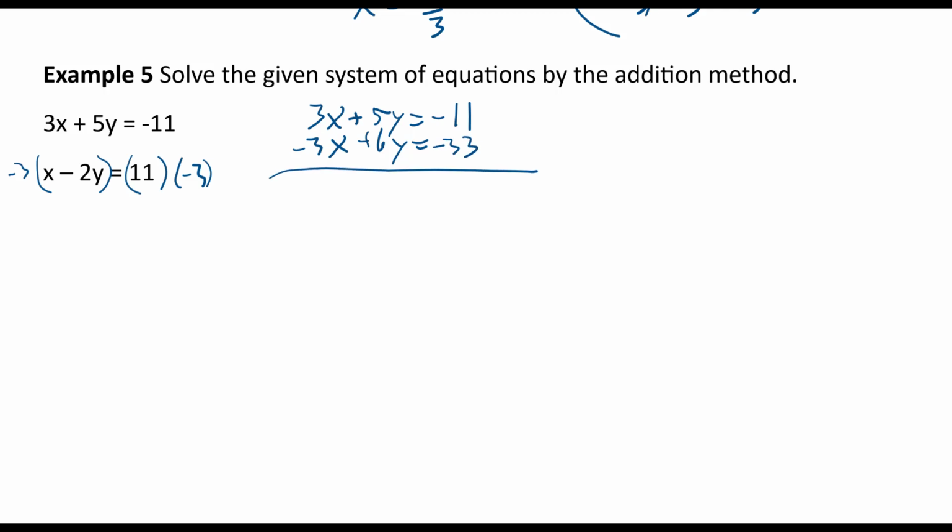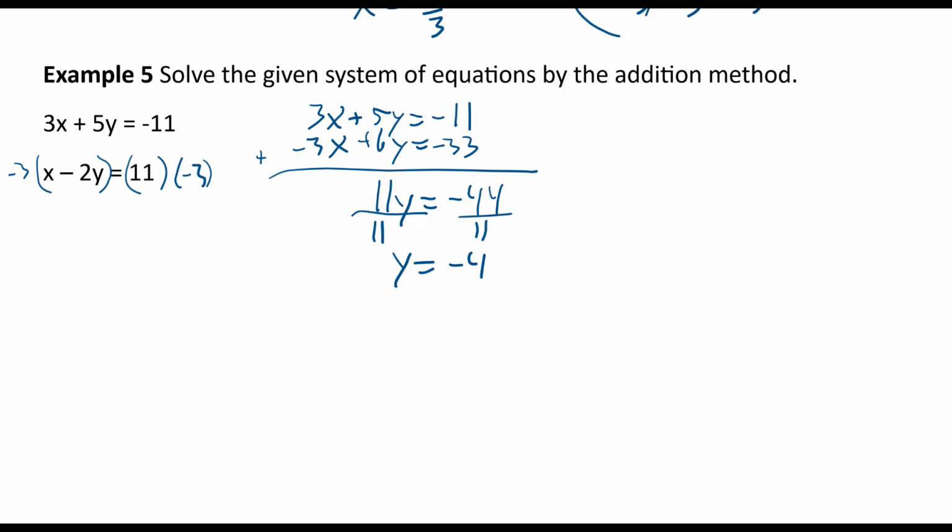Now I can add straight down. 3x and -3x goes away. 5y and 6y is 11y equals -11 plus 33, which is -44. So I can divide by 11, and y equals -4.